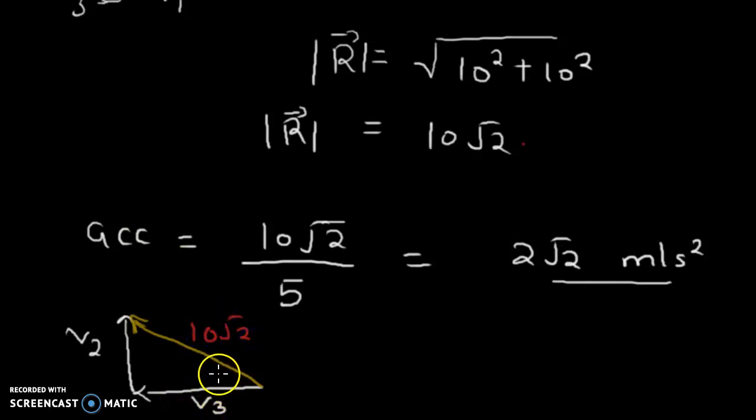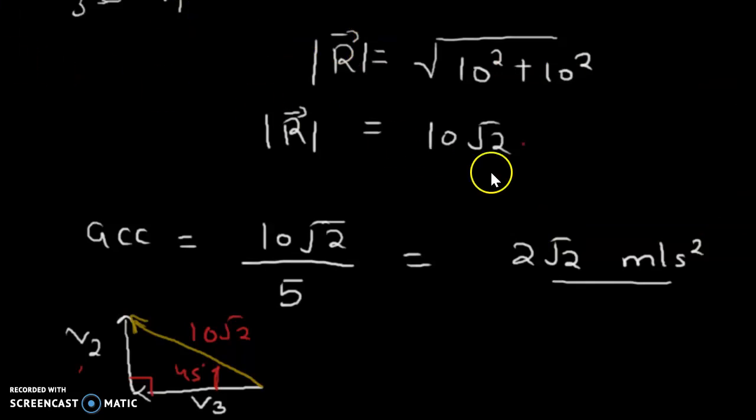I can even know the direction, this angle. If this is 10, this is 10, this is a right angle triangle, so this has to be 45 degrees. So I know everything about this vector and acceleration. We'll move ahead and discuss some more things.